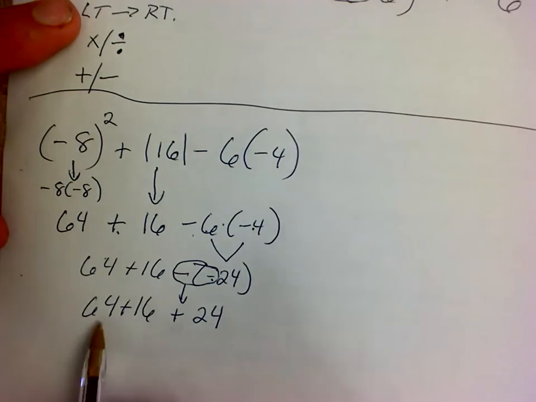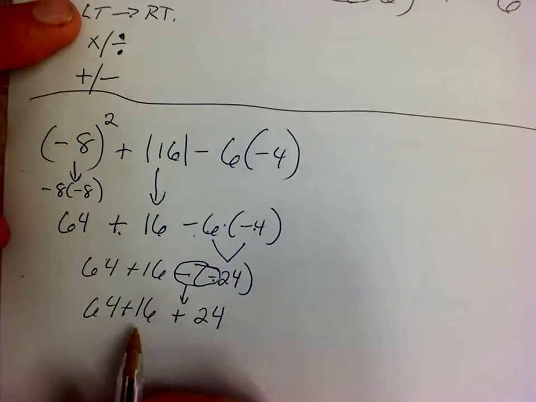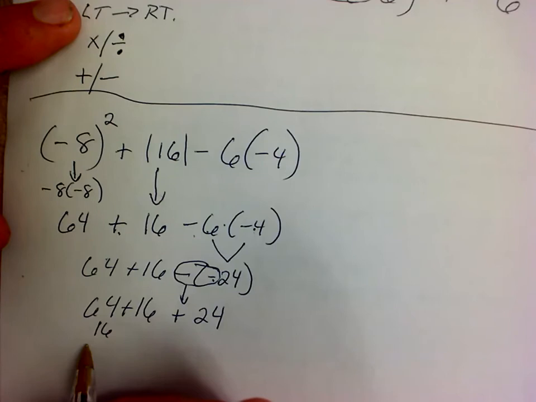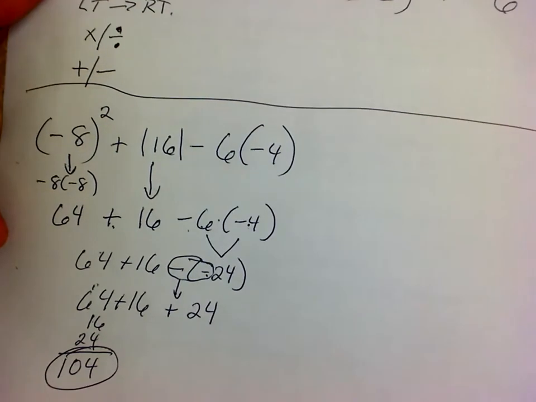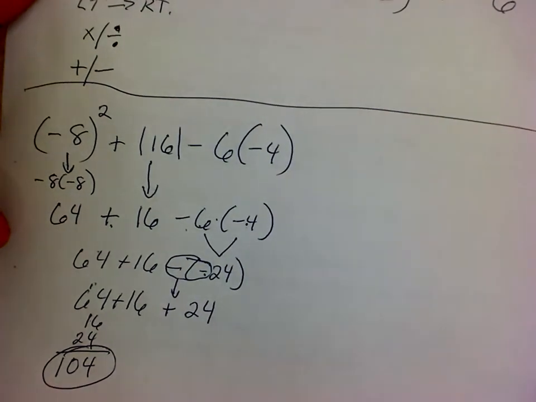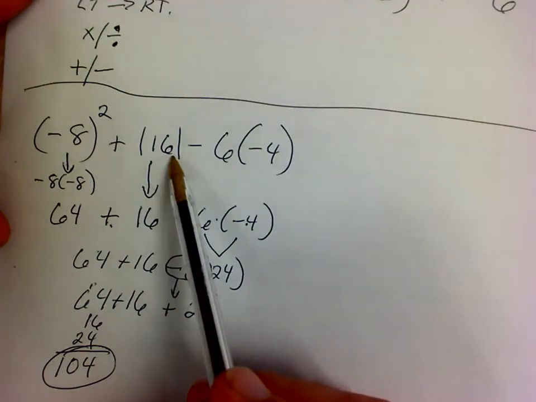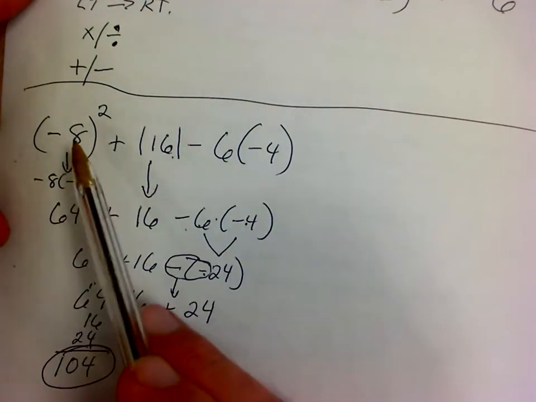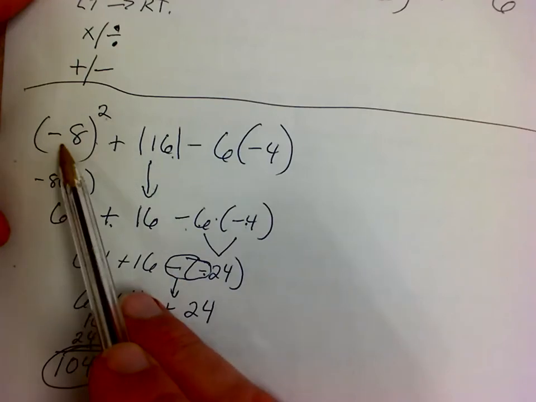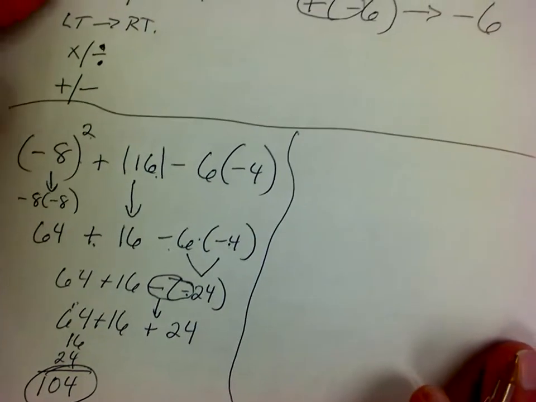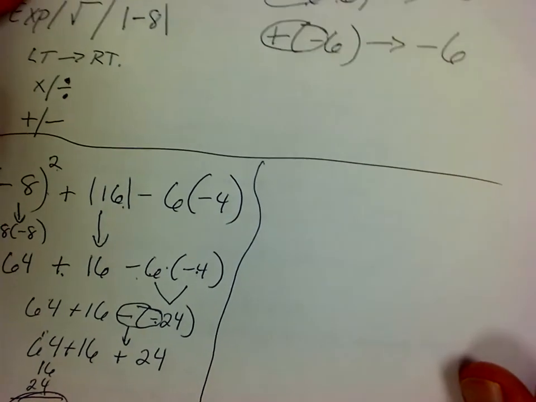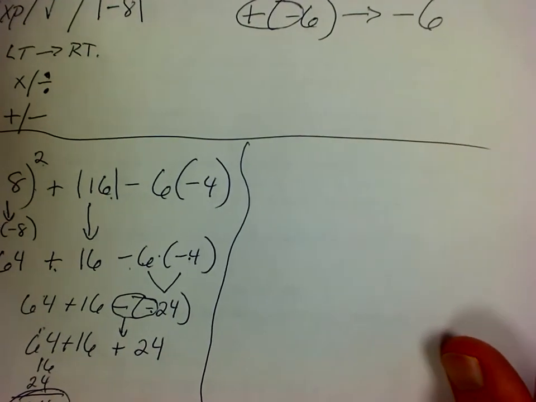And now this problem is basic arithmetic. 64 plus 16 plus 24 gives us 104. But again, absolute value bars can now be included in our problems. We can take our negative numbers and raise those to powers. Those are the kind of things we need to be ready to see.